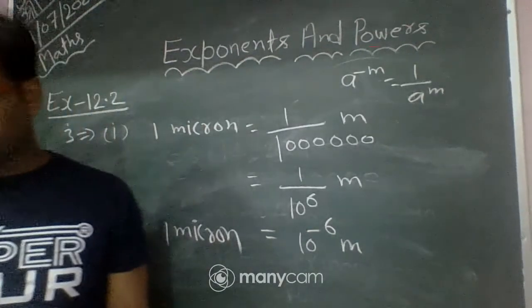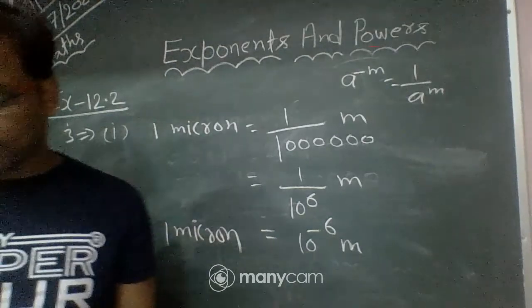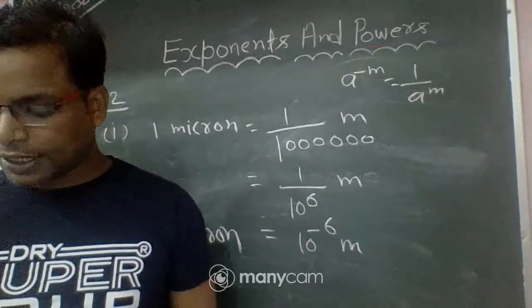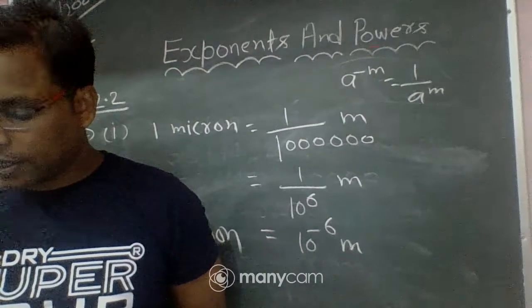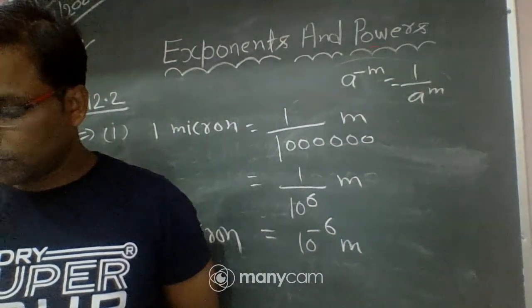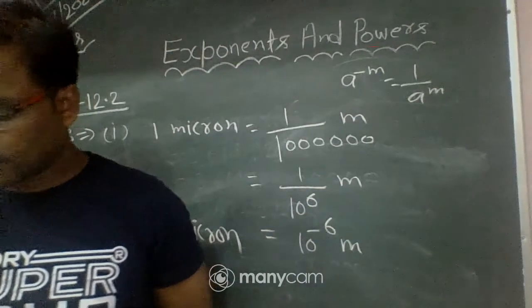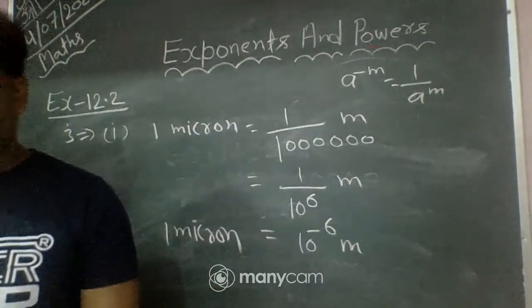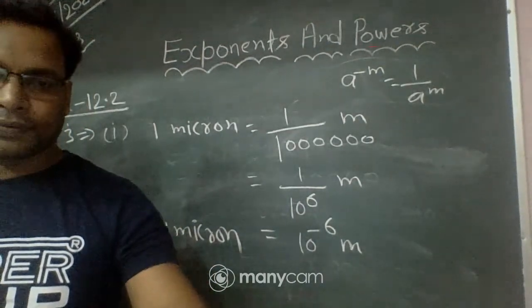Now, second part of this question: the charge of an electron is 0.000000000016 coulomb. Okay, so let's see.